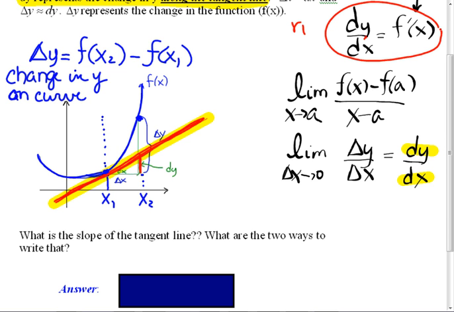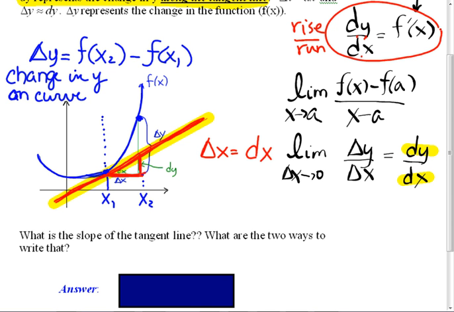It's rise over run. So the rise on the tangent line will be represented by dy. That's this distance. And the run on the tangent line is dx. Well, what's true about delta x and dx? Delta x is the change on the function. This is delta x, and this is also dx. They're one and the same.